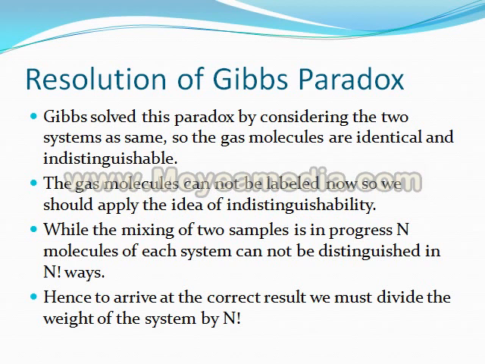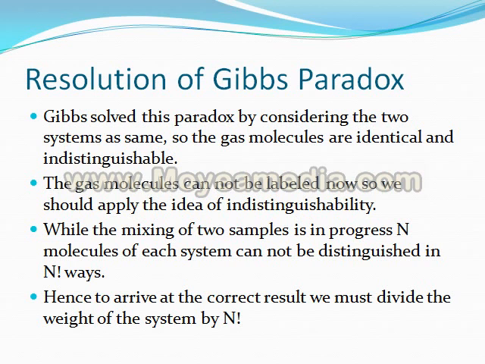The gas molecules cannot be labeled now, so we should apply the idea of indistinguishability. While the mixing of two samples is in progress, N molecules of each system cannot be distinguished in factorial N ways.